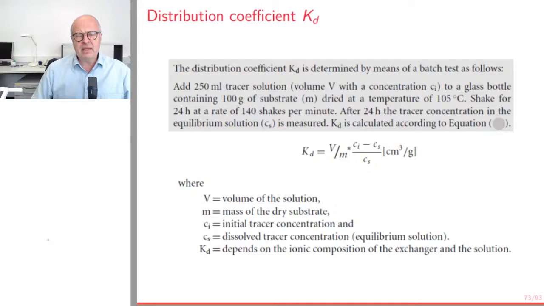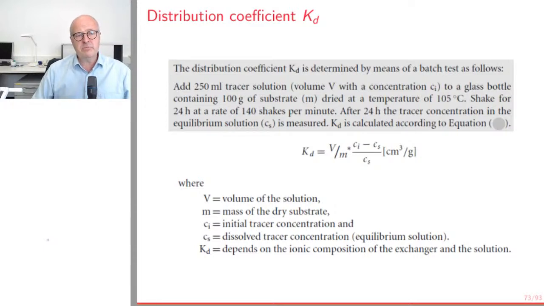The absorption is measured using the distribution coefficient KD, and this describes how much is actually on the surface of the aquifer or of the soil compared to what you've got in the solution. Now it's calculated from the initial tracer concentration minus the dissolved tracer concentration divided by the dissolved.